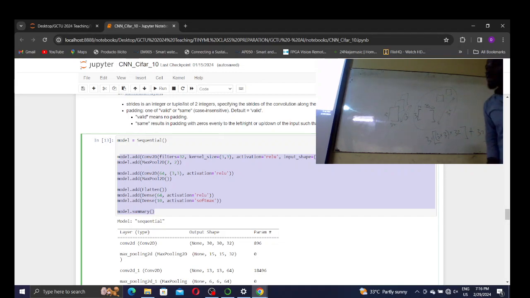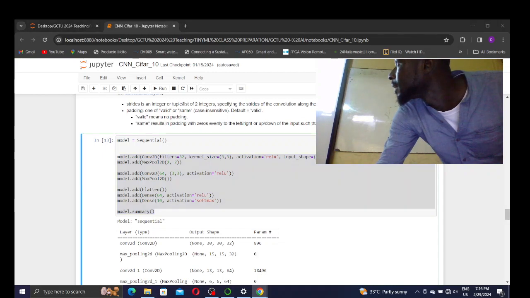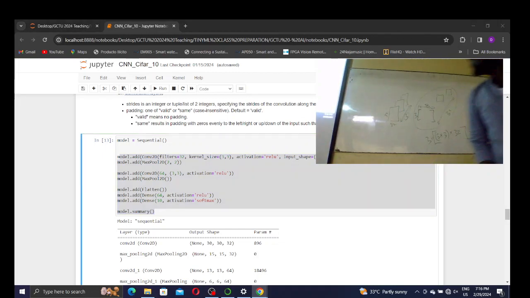Yeah, so that was 64. No, we are talking about here. Yeah, 32 divided by 2. MaxPooling2D. How will you calculate that? 2 by 2 times 32.